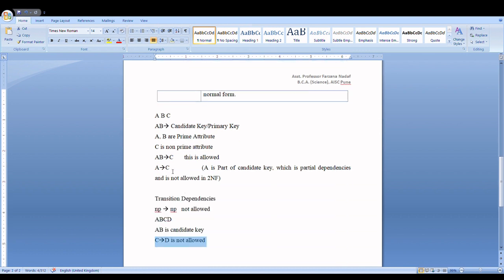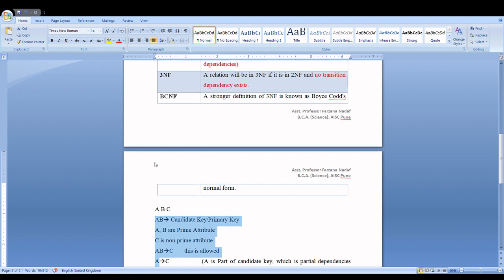In short, what we have to remember is that whatever is there on the LHS should always be your primary key, candidate key, or a super key. Then only you can say that your database is in normalized form. And there is BCNF, Boyce-Codd normal form.